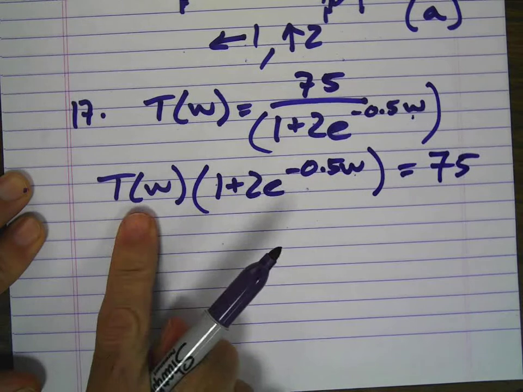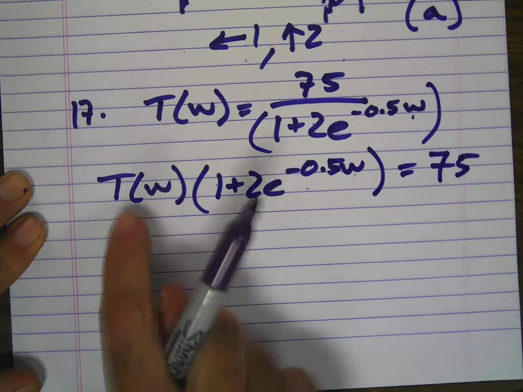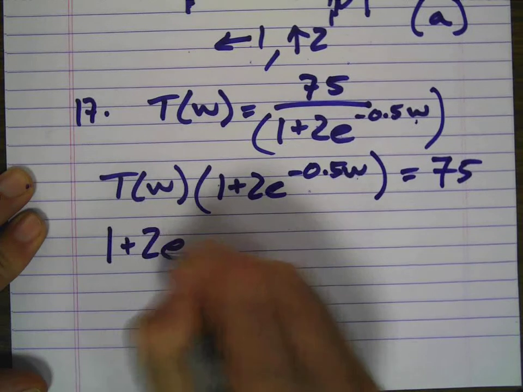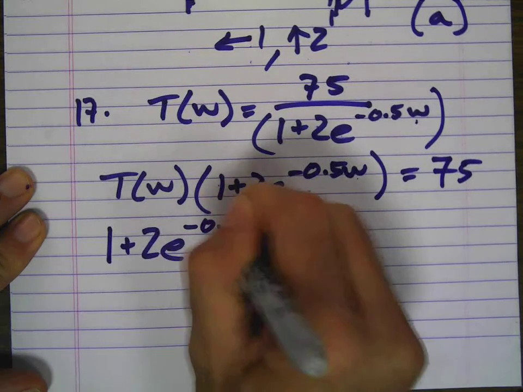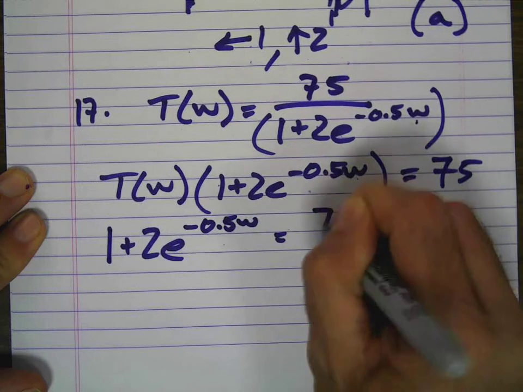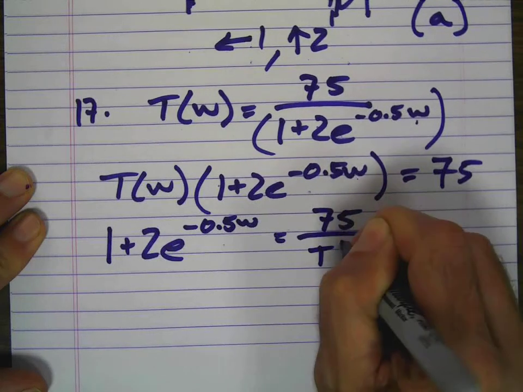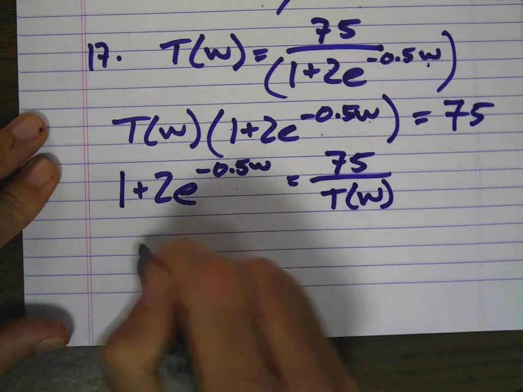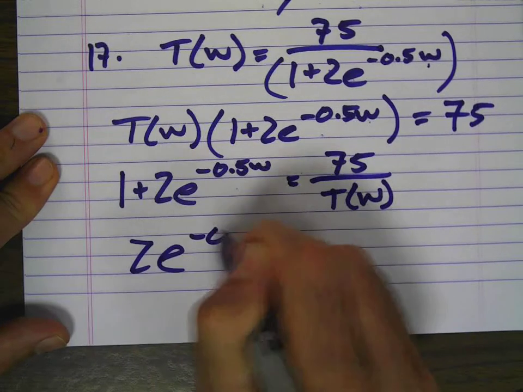Step 2, I'm going to divide both sides by this. I won't use the distributive property. Step 3, I will subtract 1 from both sides.